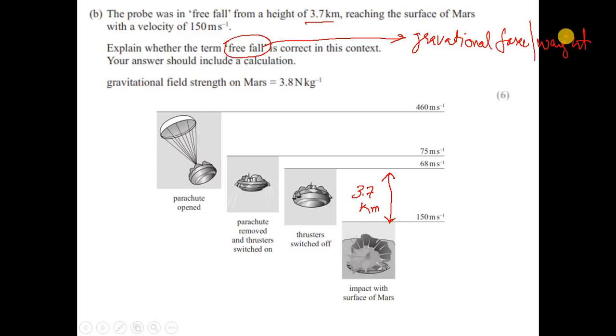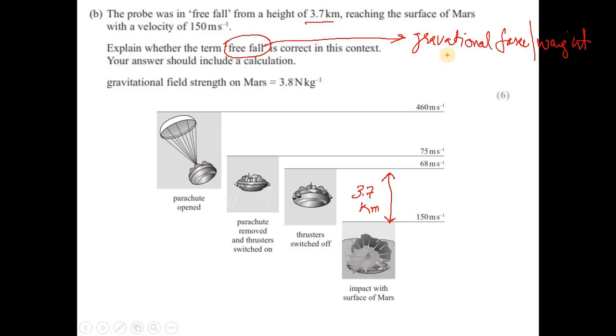Gravitational force, or you can say the weight of the object. If the only force acting on the object during fall is the weight or the gravitational force, and the acceleration of the object is equal to acceleration due to gravity, then we say that it is a free fall motion. But if other factors are involved, some other resistive forces, or the acceleration is not equal to the acceleration due to gravity, then it is not a free fall motion.